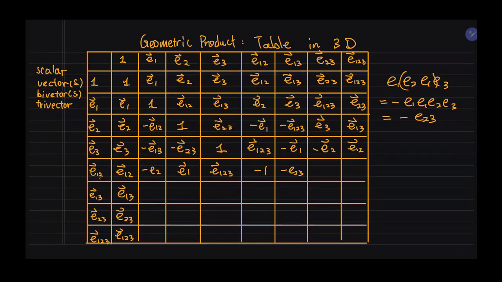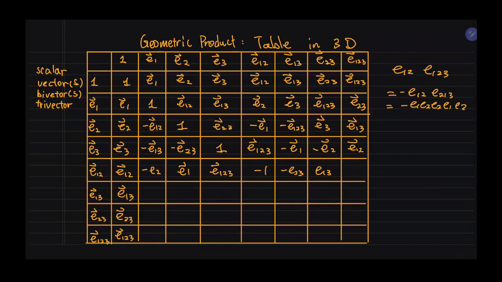And e12 e23, so just e13. And then e12 e123: e1 e2 e1 e2 e3 is equal to minus e1 e1 e2 e2 e3... and these two guys are gone because they are 1, so it's minus e3.